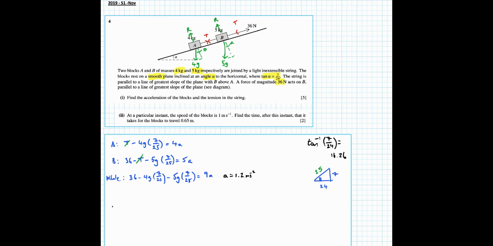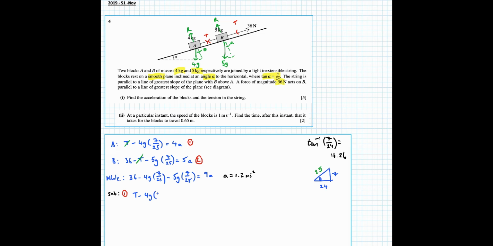Once again, substitute in your acceleration to one of your equations, A or B. Plug it into A. With my convention, I just call them equation 1 and equation 2. So equation 1: T minus 4G times 7/25.